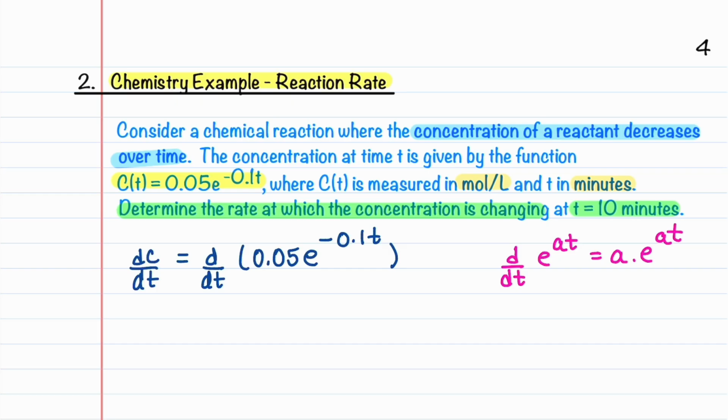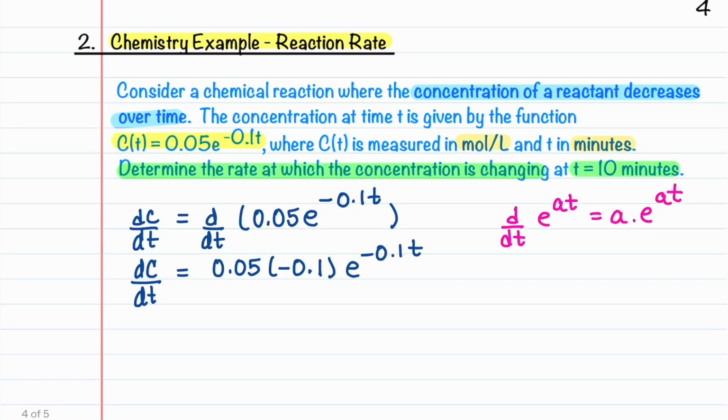You just bring the constant that multiplies your t out in front. dc dt is then 0.05 times minus 0.1 e to the minus 0.1 t. If we multiply this out, this gives us minus 0.005 e to the minus 0.1 t.